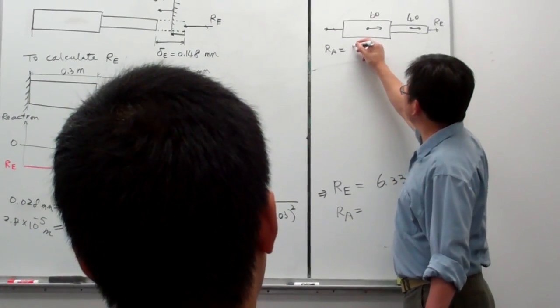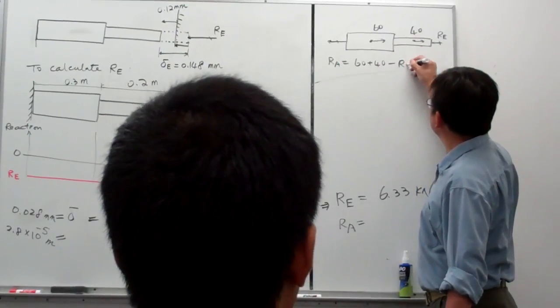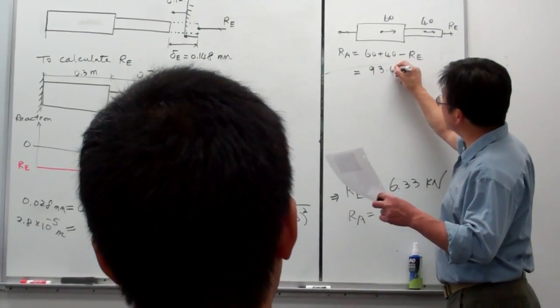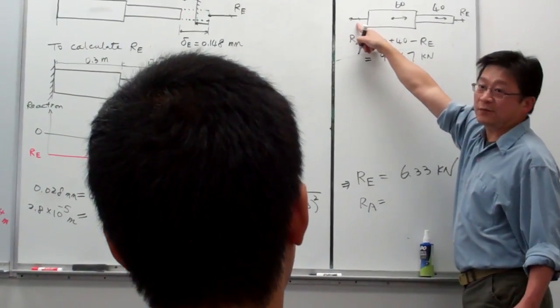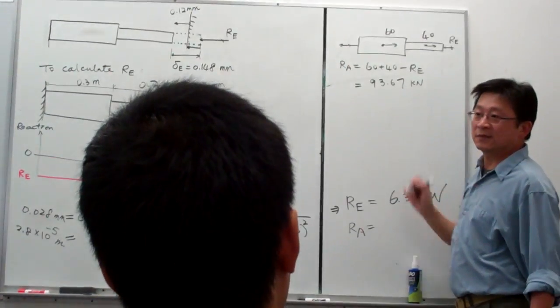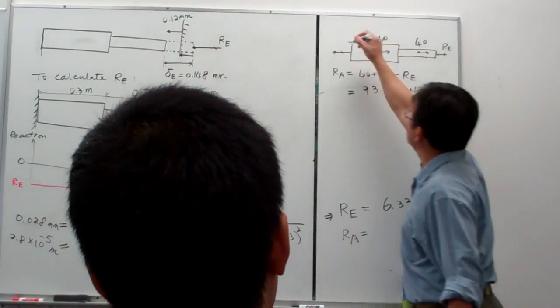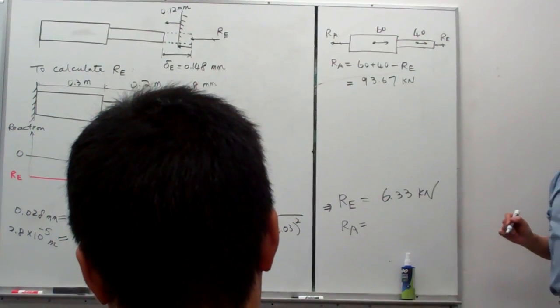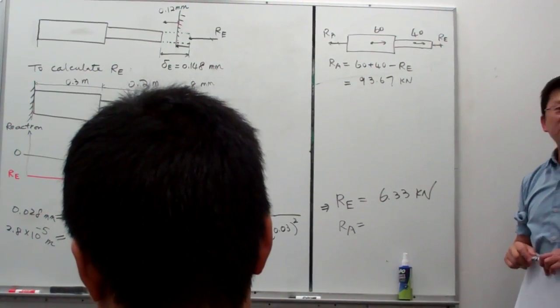RA should be equal to 60 plus 40 minus RE. In magnitude, that is 93.67 kilonewtons. This is the magnitude, and this is the direction. Are we good? Any questions?